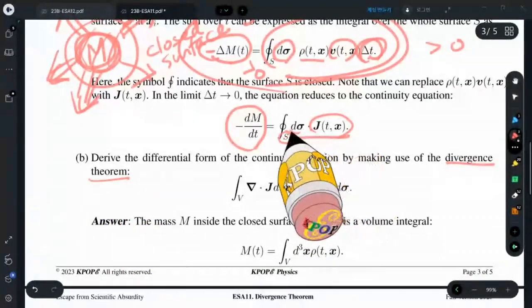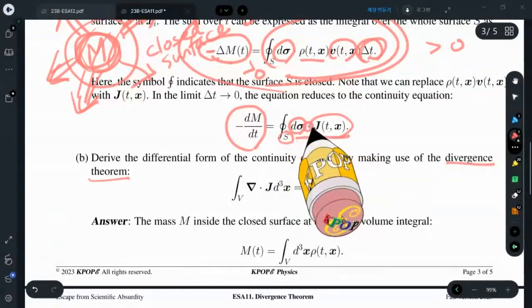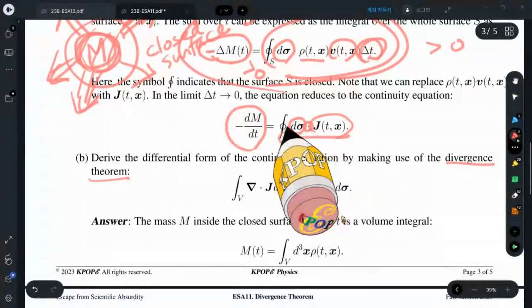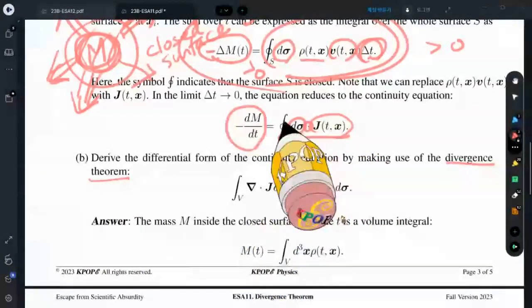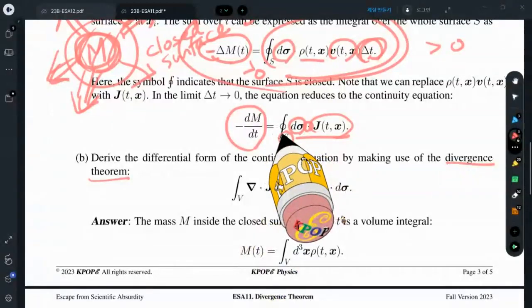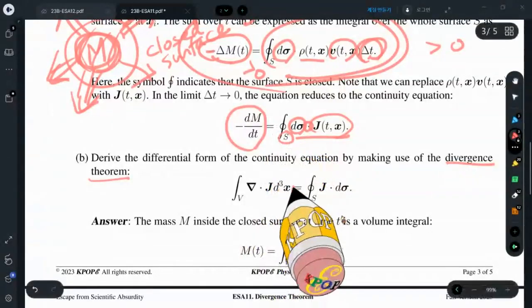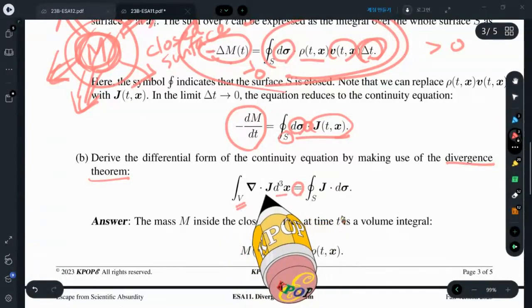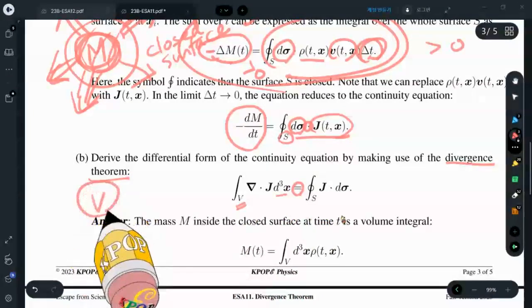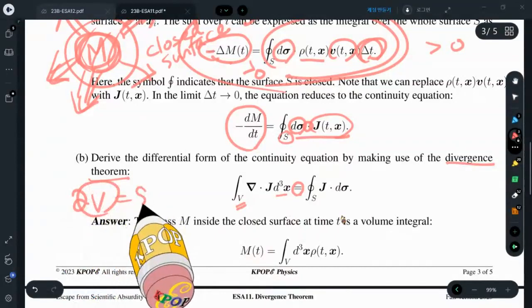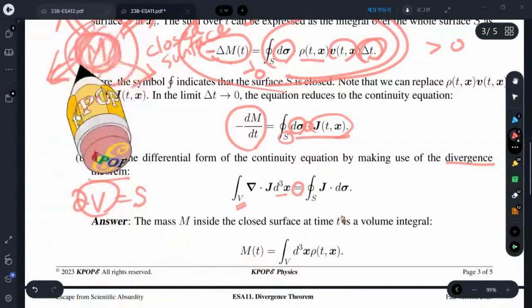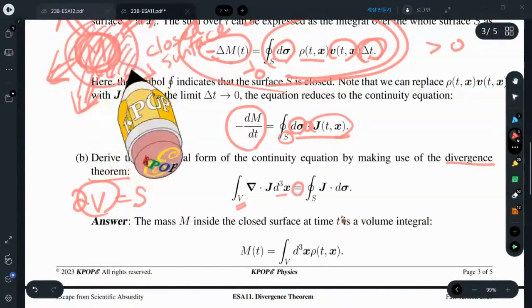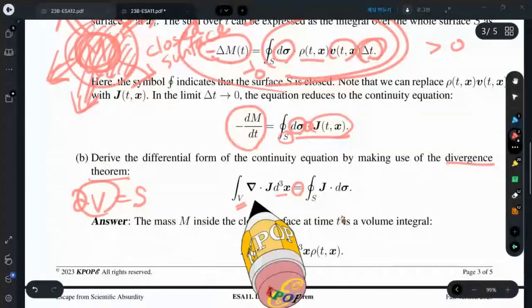Any vector surface integral of a scalar product over a closed surface is identical to the volume integral over the volume whose boundary is the surface. So over the volume enclosed by the surface.